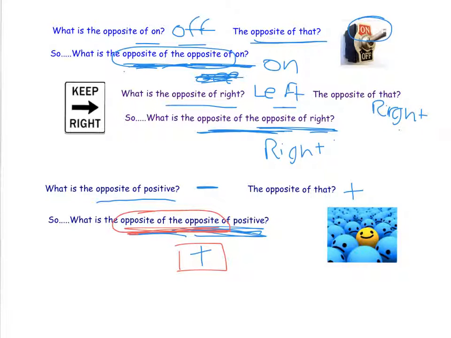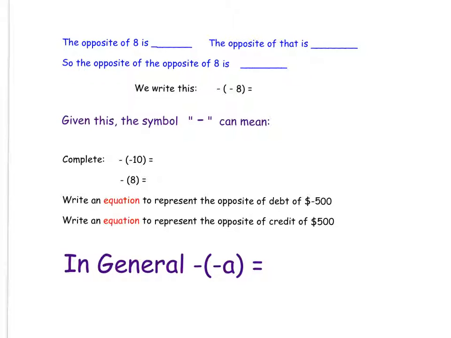Let's see how this relates to numbers. The opposite of 8 we know is -8. The opposite of that is +8. So if we took the opposite of 8, the opposite of 8 is -8, and if we took the opposite of that, it would be +8.